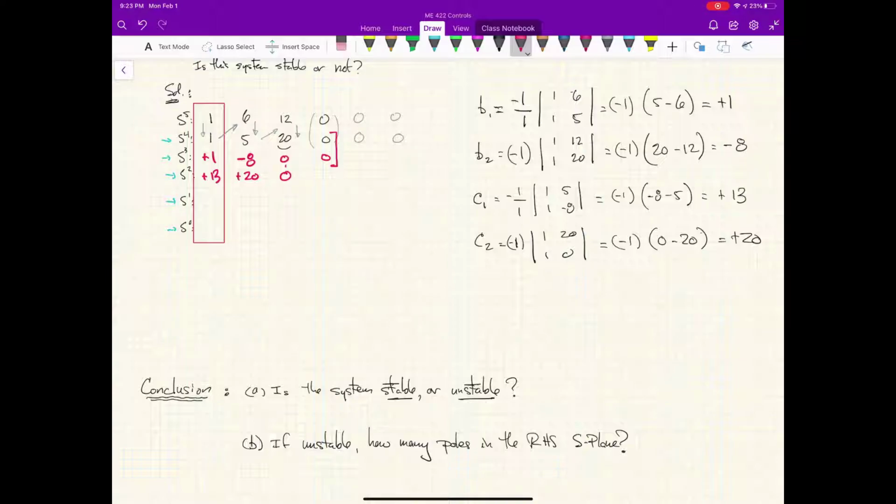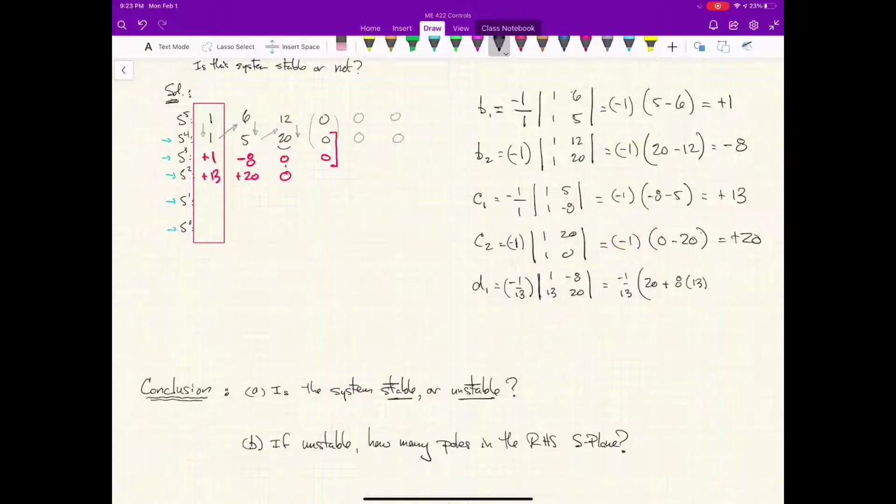All right, we're down to the D's now, the row below it. Let's call that D1. And that's going to be minus 1 over 13 now, times the determinant of the two terms above it, 1 and 13, and the column immediately to the right of it, which is minus 8 and plus 20. Which is minus 1 over 13 times 20 minus 8, minus is going to be plus 8 times 13.